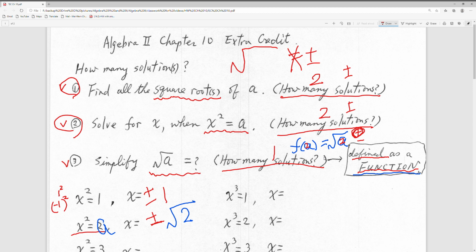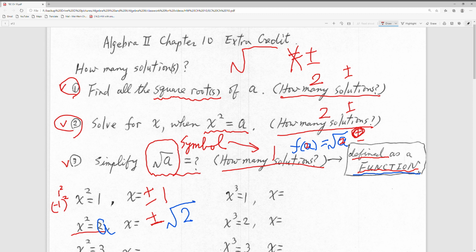So for the function, if f of A is a function, then it means this function has only one positive answer, no negative. But if you want to solve the equation, then you need to put the positive negative. So when I ask you to simplify the square root of A by the symbol, then only one answer, because this symbol represents the positive solution only.